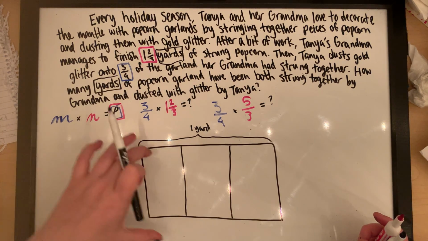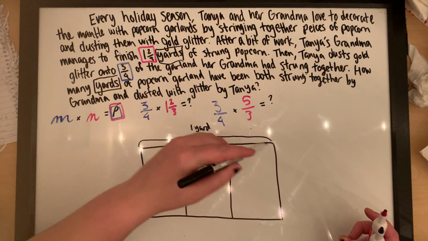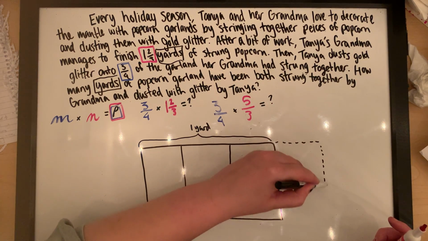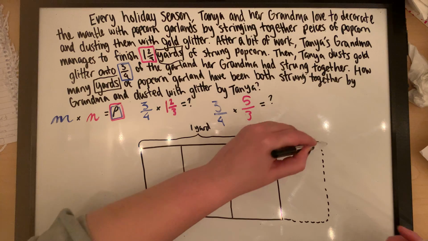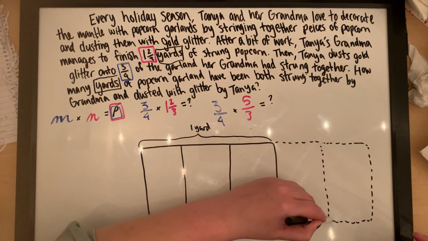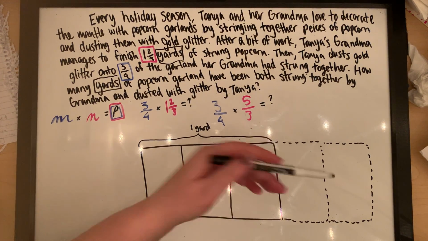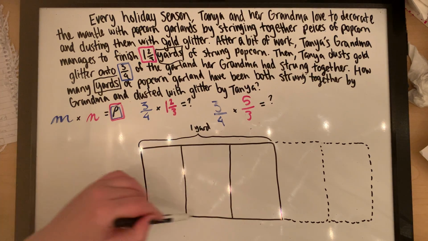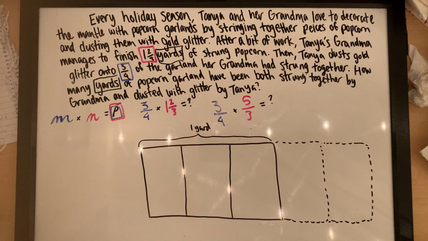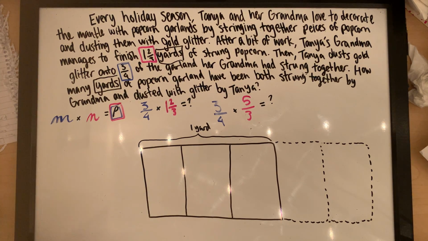So we need to add, this is 1/3 of a yard, so we need to add 2/3. And I could also draw these solid. I just do it to remind myself that this is 1 and then this is starting into the next yard. So of this we have all of these.